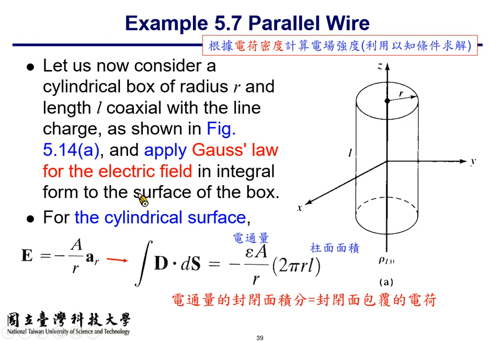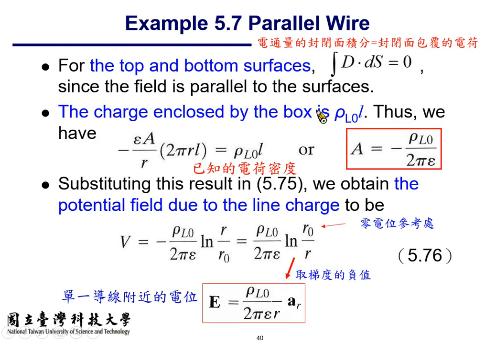Next, you can apply the integral form of Gauss's law, taking the surface integral of E, which equals the amount of charge on the right-hand side. That can be found by charge density rho times the length.